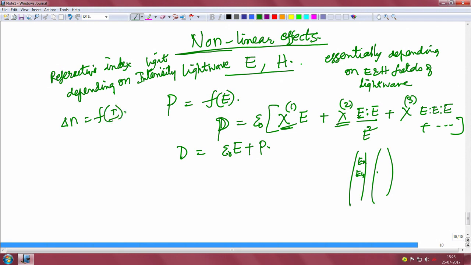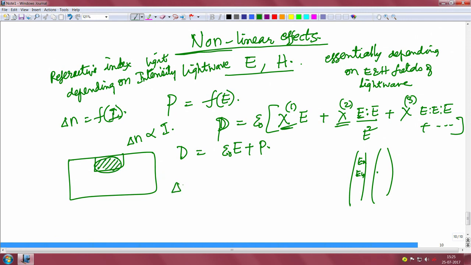A simple effect that you can think of with such a phenomenon is, if you take an optical waveguide, normal course of action when there is no nonlinearity, when there is no high intensity light incident into the waveguide, the delta n is not much dependent on the intensity, but now it is dependent on intensity, and we know that we have a mode spot of a certain shape.